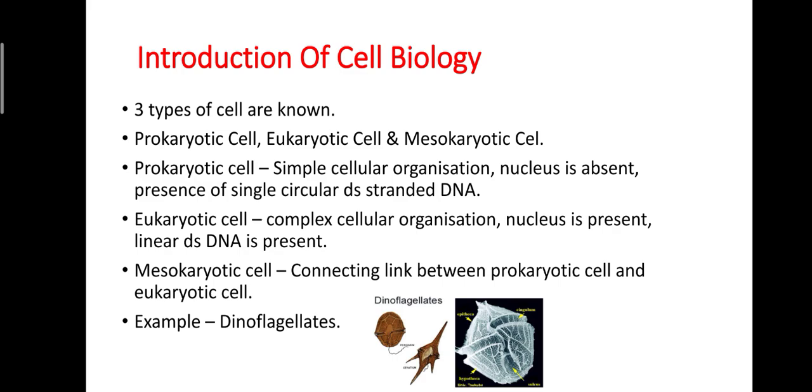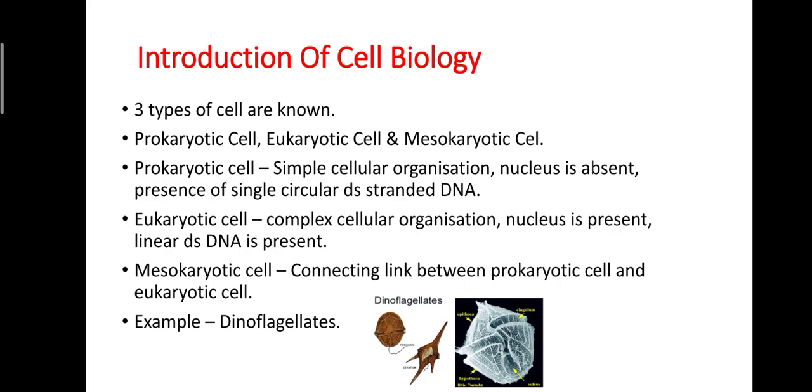Scientists believe that. And when scientists study the structure of the mesokaryotic cell, it shows some characteristics of prokaryotic cell and some characteristics of eukaryotic cell. Hence, it is called the connecting link between the prokaryotic cell and eukaryotic cell.